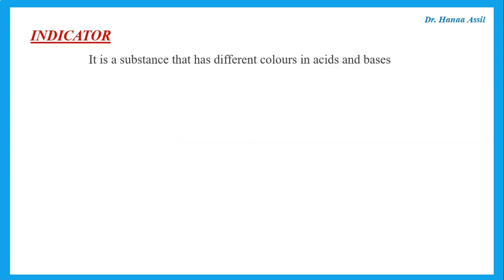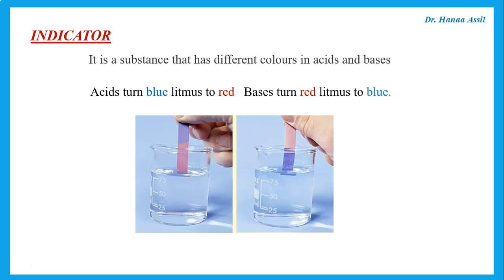How do we know the pHs, or how do we know if something is an acid or a base? We put indicator. So an indicator is a substance that changes colors in acids and bases. So for example, to know if something is an acid or a base, the easiest way would be to put litmus paper.